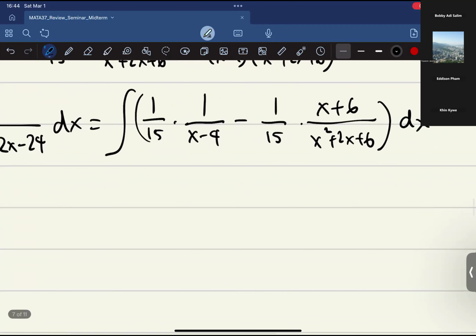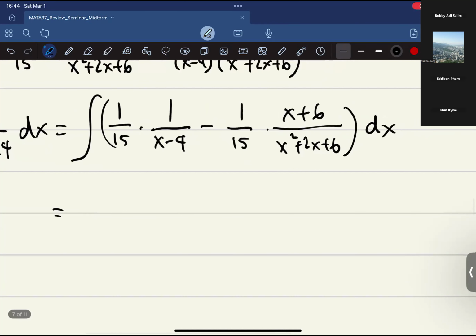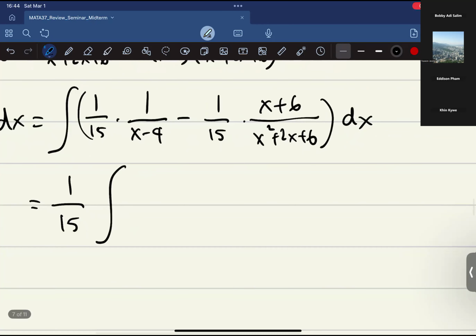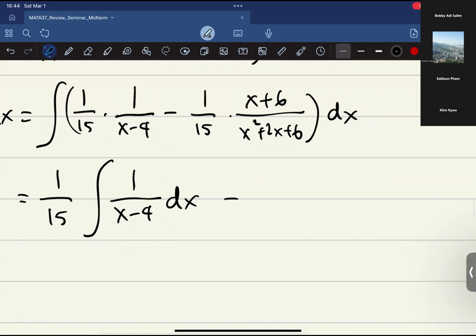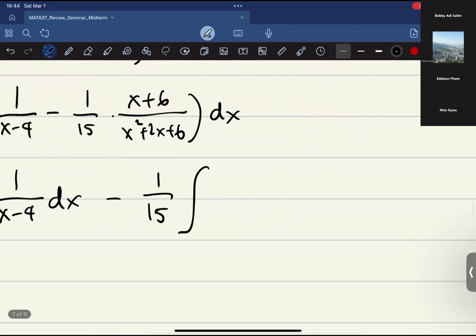Yeah, we can certainly factor out 1/15. We can also go further by splitting up this integral into two integrals. Using integral properties, this is equal to 1/15 times the integral of 1/(x minus 4) dx minus 1/15 the integral of the rest of the terms right here.